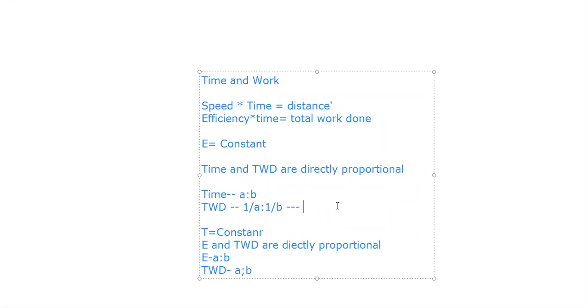Since they are directly proportional, ratios will be the same. My mistake. So if time is in the ratio A is to B, total work done will also be in the ratio A is to B.